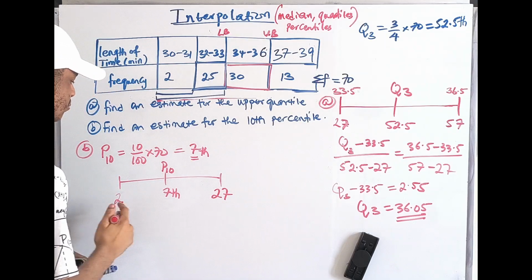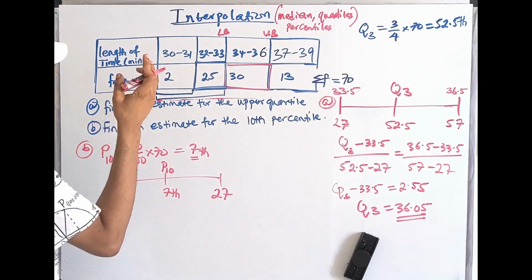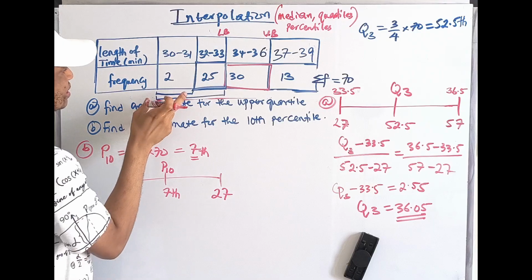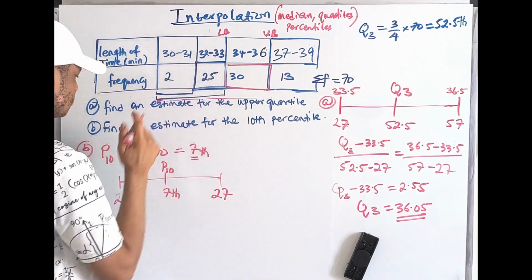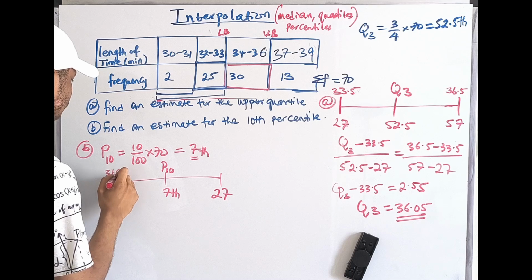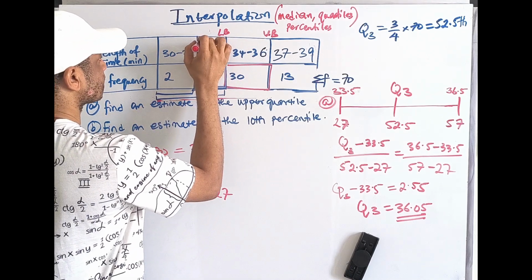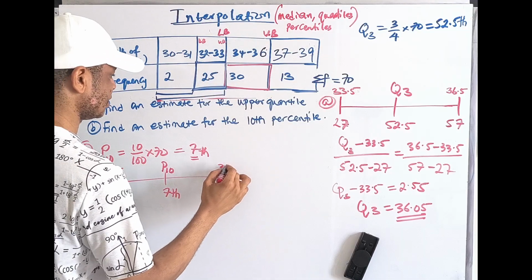So you always put the position of the frequency down, frequency down, then the data up. Now I'm in this box, so I need the lower bound, 31.5, and the upper bound, which gives me 33.5.